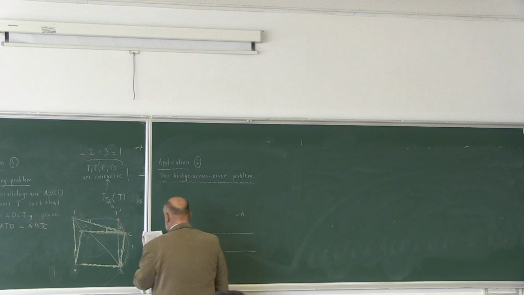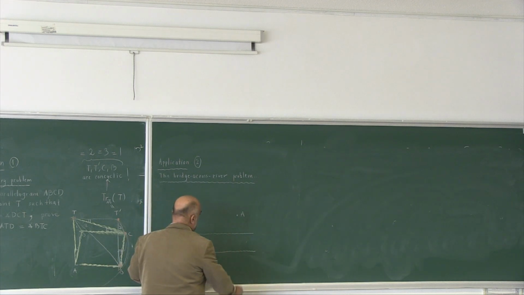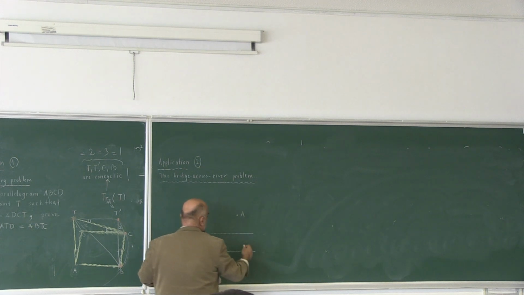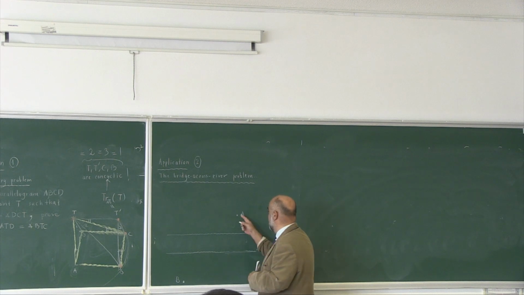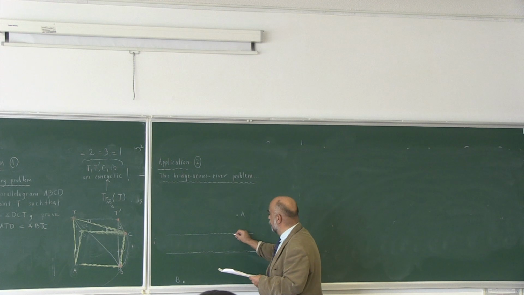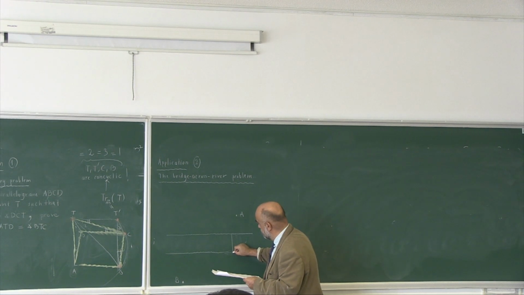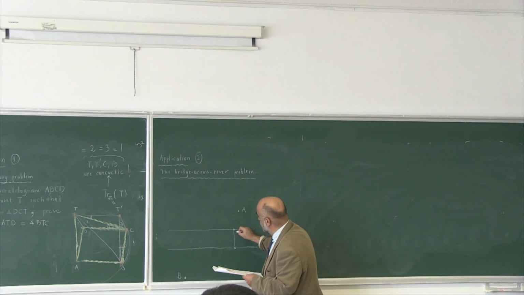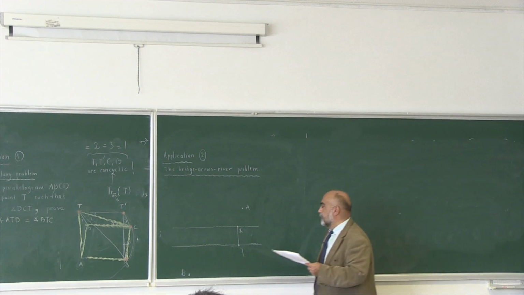Well, let's look at it this way. For instance, people in the town A may think greedily and say, let's make the bridge close to us like this. So let's say this is the XY situation.